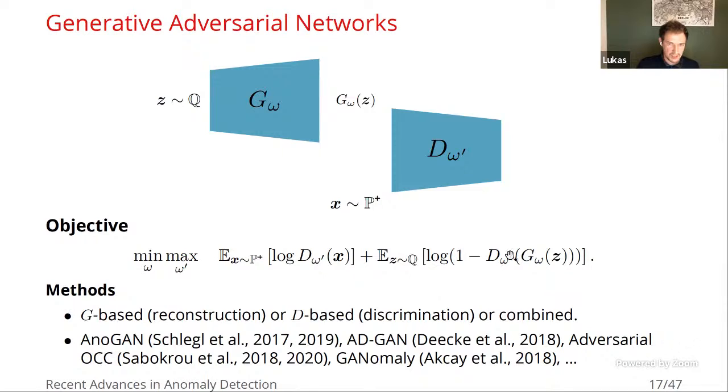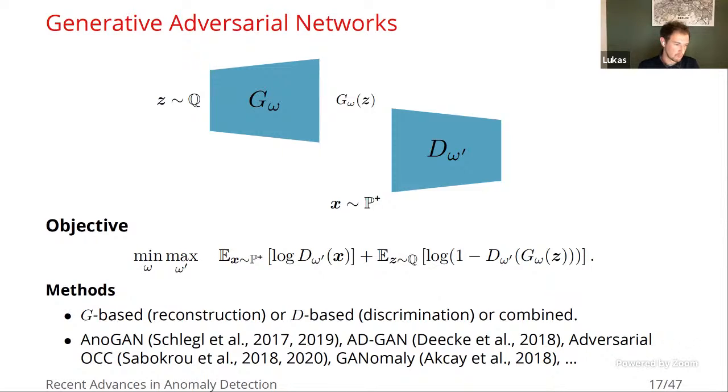And more recent approaches also look at combined anomaly scores that take both the reconstruction error under the generator, but also deviations in the discriminator into account, because intuitively one would think, okay, because a discriminator discriminates between samples from the distribution and artificially generated samples, this would be suitable for anomaly detection.